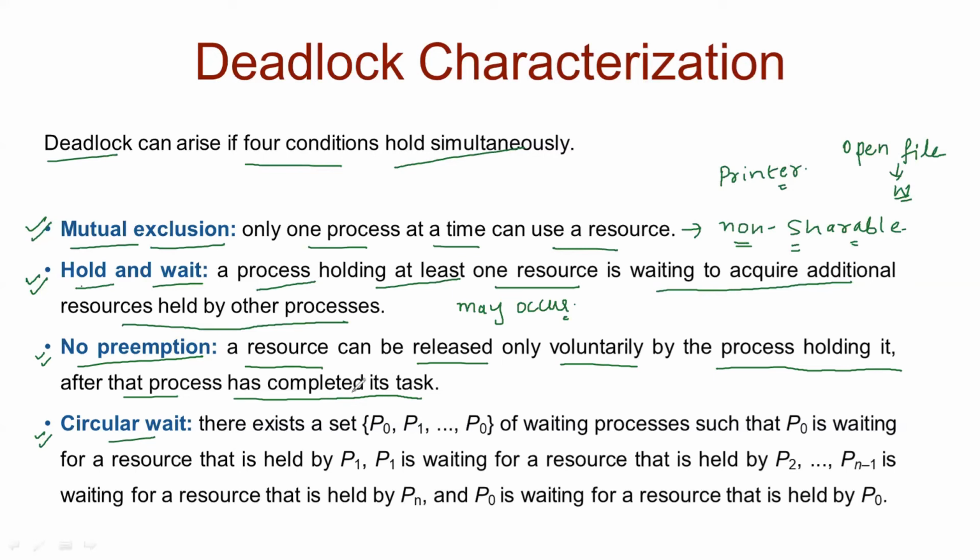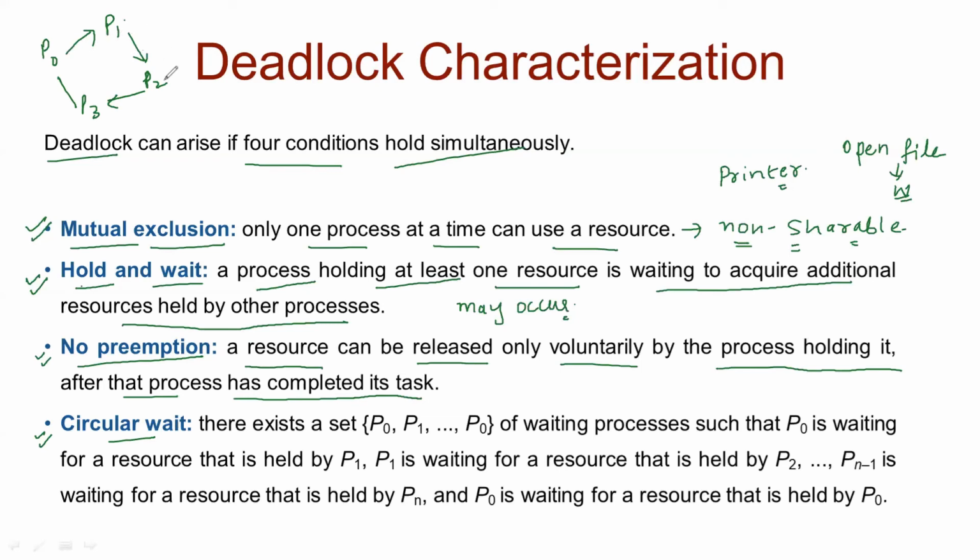Circular wait means there is a set of processes in the system which are waiting, and the wait is circular. Like P0 is waiting for P1 to finish, P1 is waiting for P2 to finish, P2 is waiting for P3 to finish, and P3 is waiting for P0 to finish. So every process is waiting for the other process to finish. Finish means P0 is waiting for some resource held by P1.